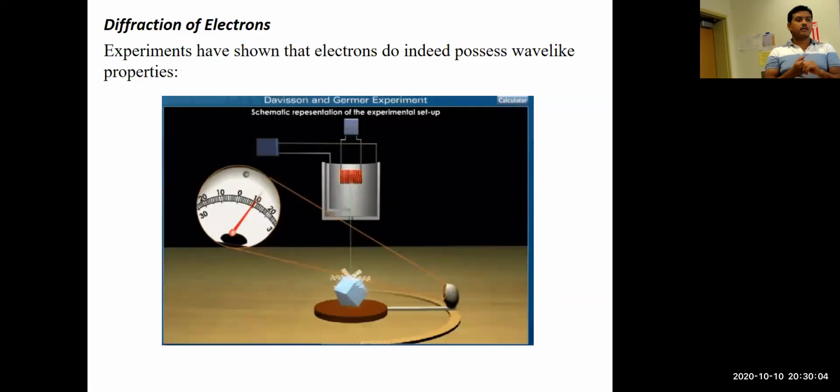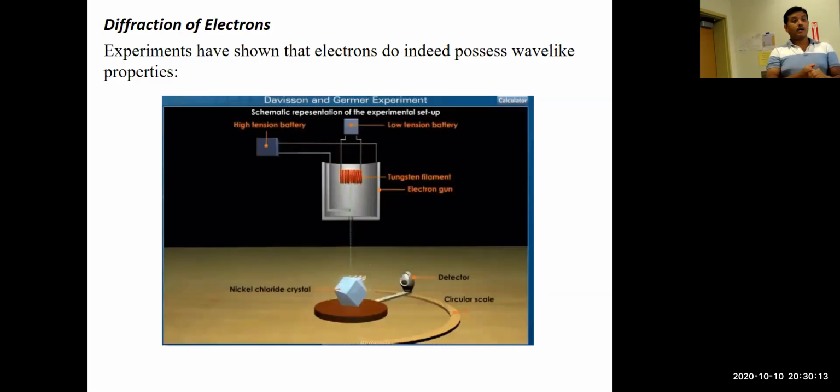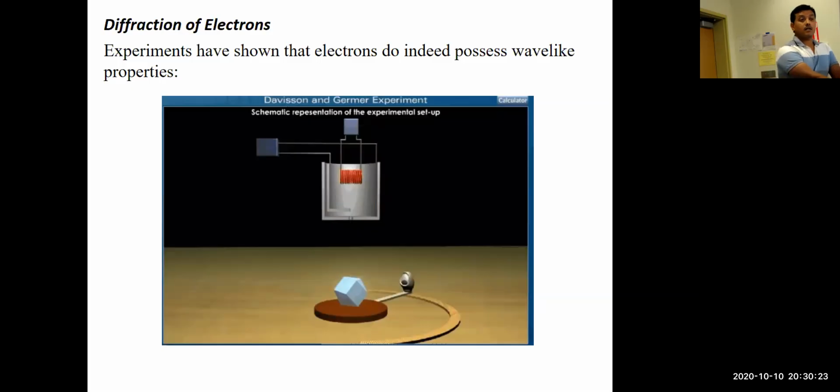Because there are some higher peaks than the voltage they supplied, the reading at the detector is larger than what they supplied. Their explanation is that the electrons coming out of the tungsten hit the nickel, and because they were magnified by the interference pattern, the combination pattern of the waves, it shows at the higher voltage.